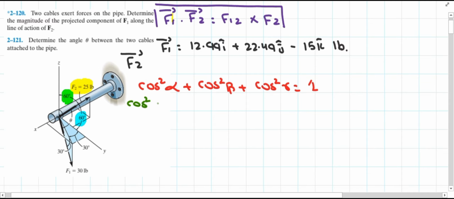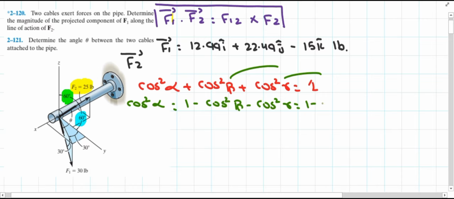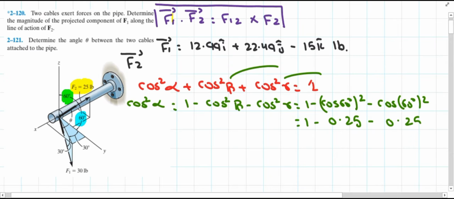So cos square alpha, shifting cos beta and cos gamma to the opposite side, is equal to 1 minus cos square beta minus cos square gamma. So 1 minus cos 60 degree whole square minus cos 60 degree again whole square. Cos 60 degree whole square is 0.25, and again 0.25. So 1 minus 0.25 minus 0.25 gives cos square alpha equal to 0.5.